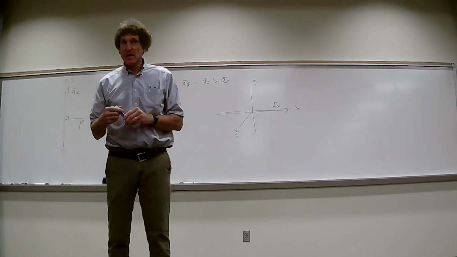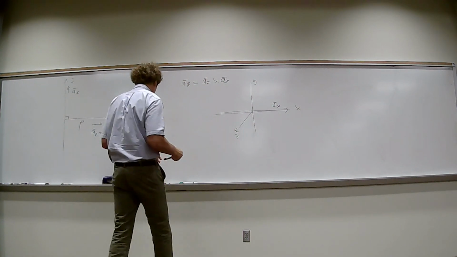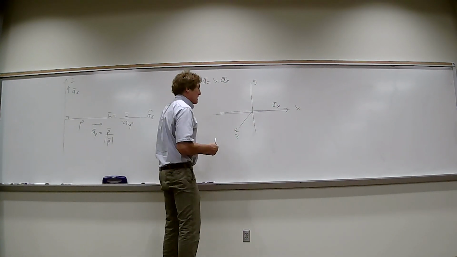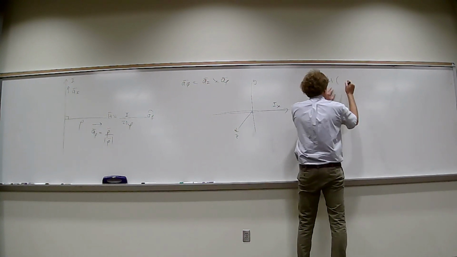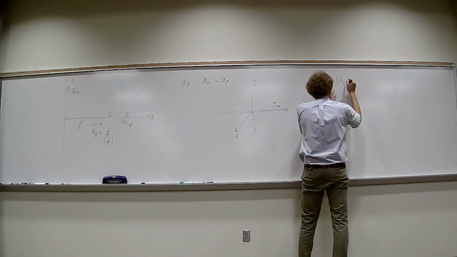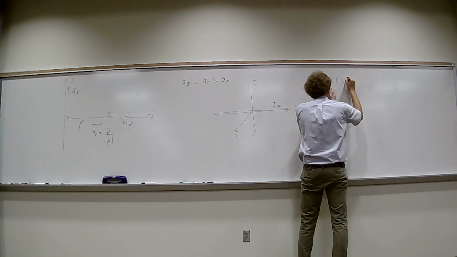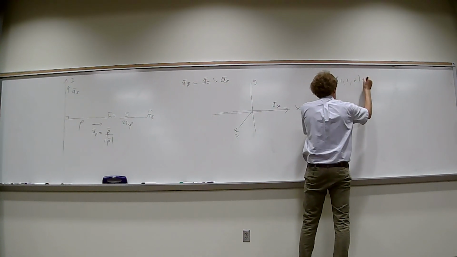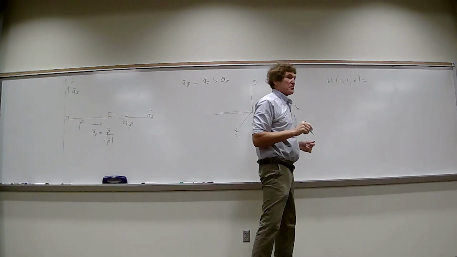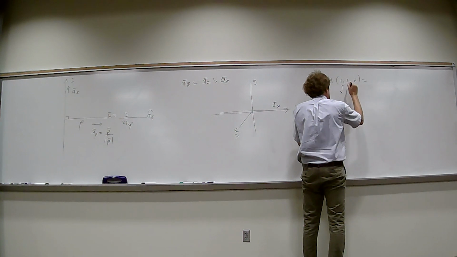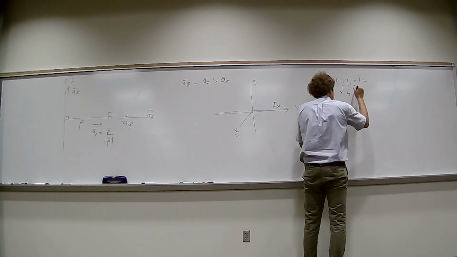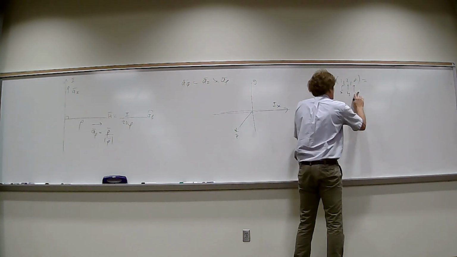Now I want to find the H field at some points. Y'all hear me? First point I want to find the H field at is going to be the point, I'll call it this, I'll say it's 1, 2, 0. So I want the H field. The first coordinate would be X. Second coordinate Y. Third coordinate Z. Y'all follow me, class, on this one?